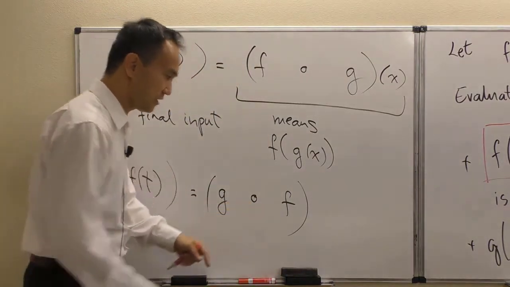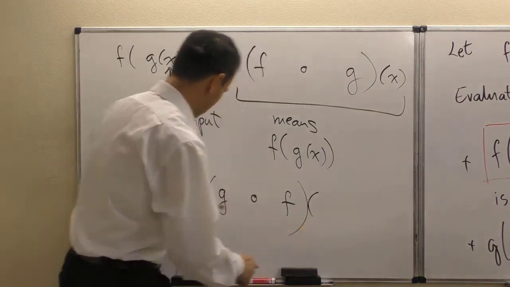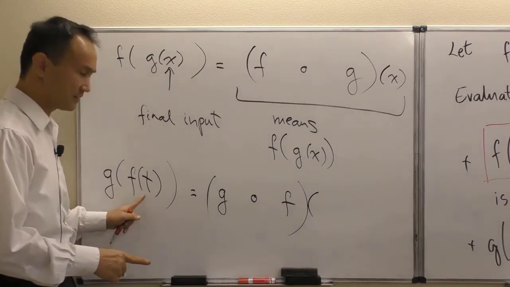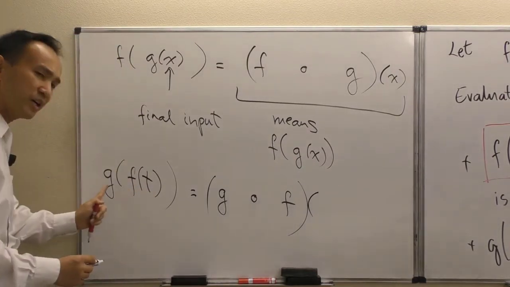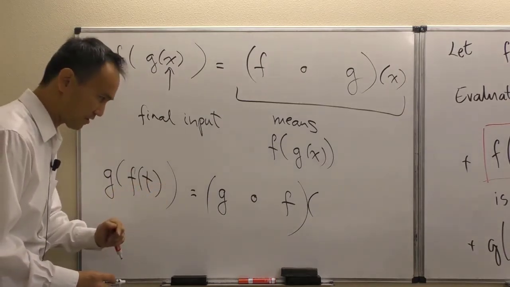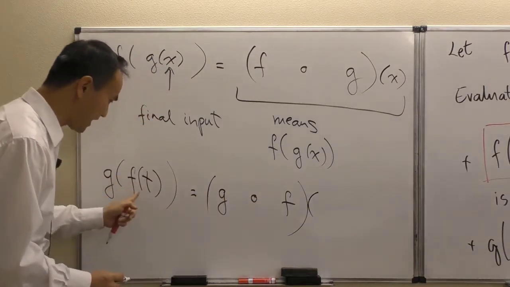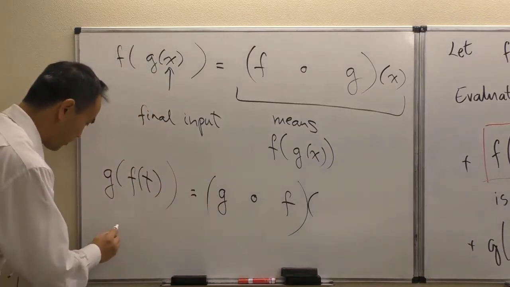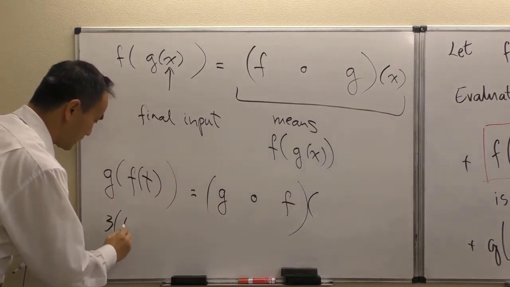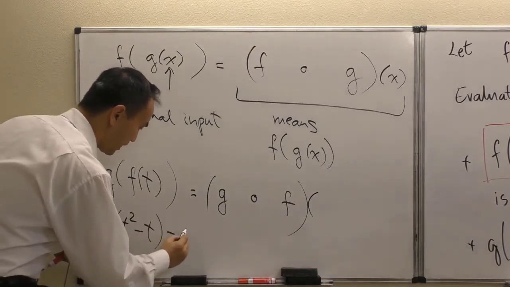So F of G, and then with the final input here, expectedly. Let's check it out again. When we were doing that G of t right there, G of F is the symbol, but when we actually did that, it was 3 times t squared minus t minus 2.